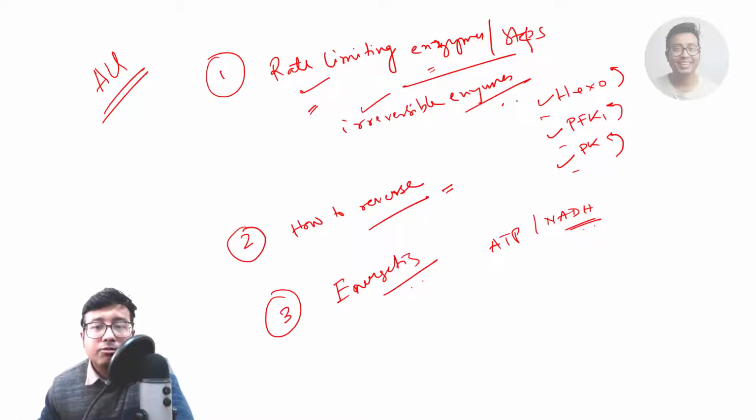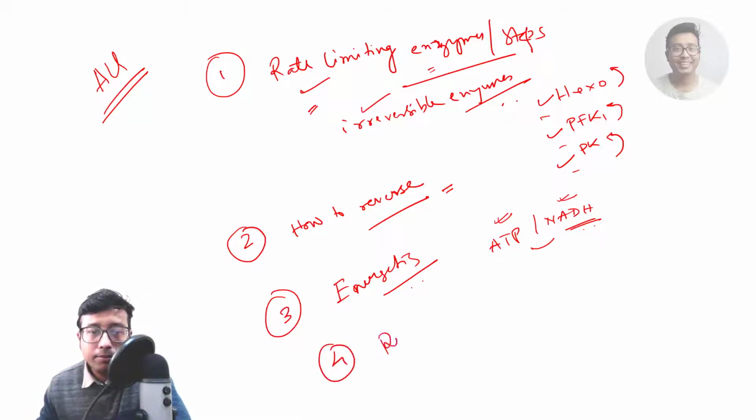So the steps in which ATP is produced or utilized, and the steps in which NADH or FADH2 are produced and utilized, we need to know that, okay. And lastly, the regulation of glycolysis, okay. In general, this is the thing you need to learn before everything else.